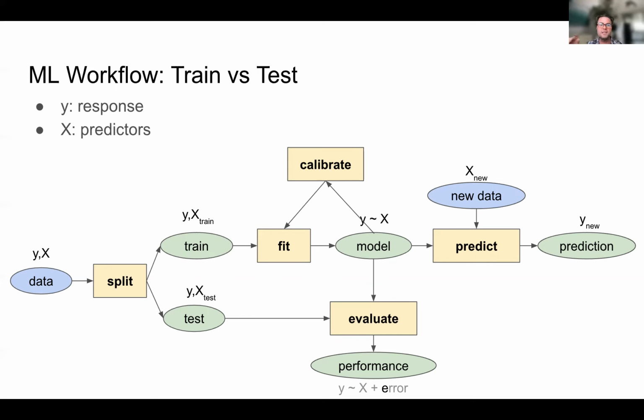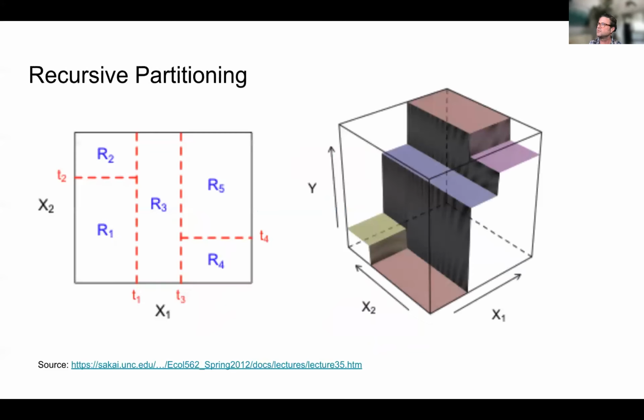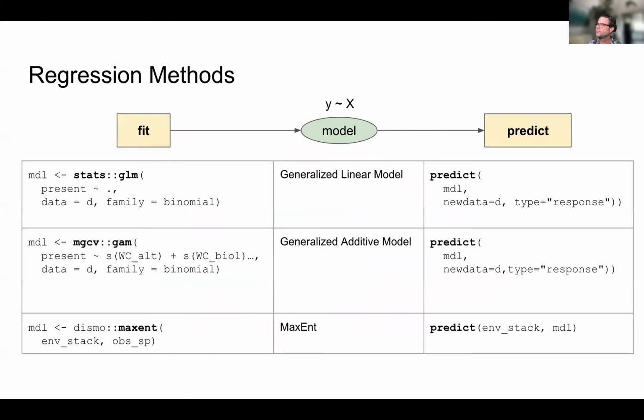So when we feed these models in that model fit, we give it that present, which is just a column in a table. And remember, the shortcut to give all other columns in your data frame is just the dot. But here with the GAM, we actually are explicitly saying for each of these, give it a smooth term.